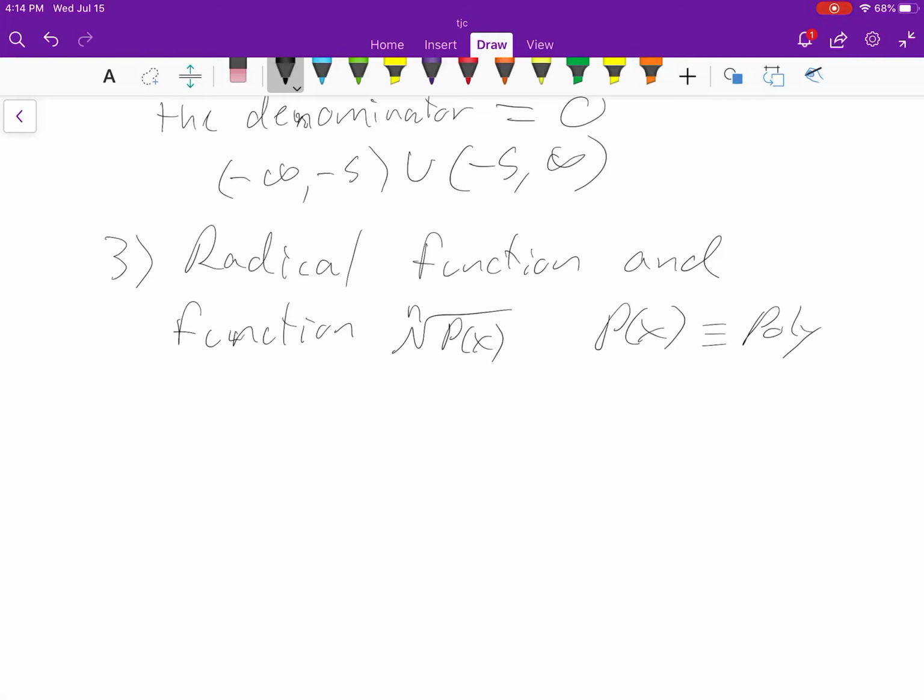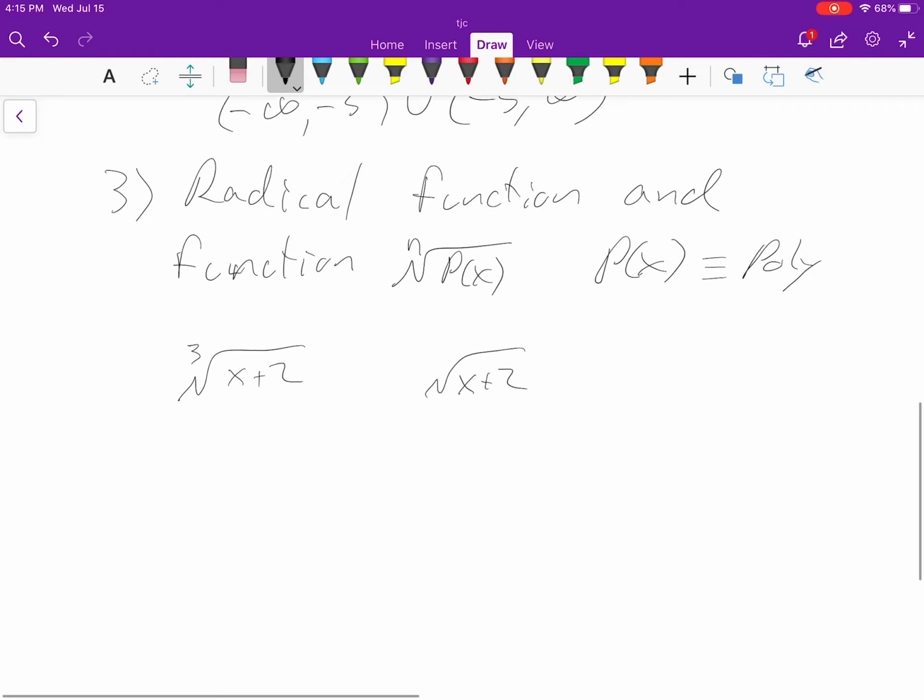Okay? And the thing with radical functions is their domain, I'll look at two examples here. Their domain is going to be restricted as well. I'm going to do two similar things to highlight the difference.